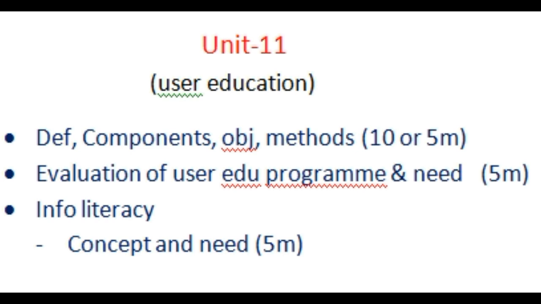The definition of user education program, the components, objectives, and methods of conducting user education program will be for 10 marks or maybe for 5 marks. Then the evaluation of user education program and the need of user education program for 5 marks. Then the information literacy concept and its need will be for 5 marks.